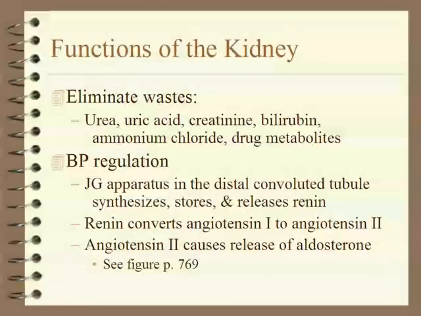It causes vasoconstriction and causes the conversion of angiotensin I to angiotensin II in the lungs. Angiotensin II then goes to the adrenal cortex and causes a release of aldosterone, where aldosterone saves sodium and water. And the renin-angiotensin-aldosterone system is shown in a figure on page 769.